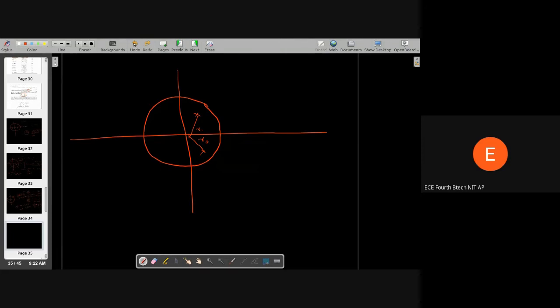Both are r naught, because let's imagine like this: H(z) equal to 1 by (z minus z1)(z minus z1 star), and z1 is some r naught e to the power j omega naught. I hope you know how to write in polar form. So this is what it is.